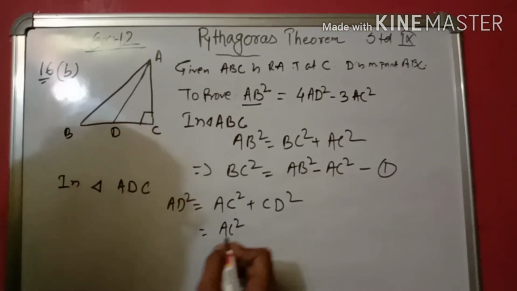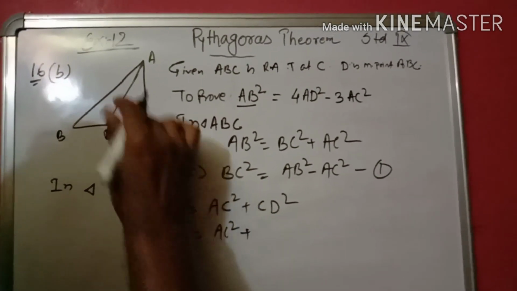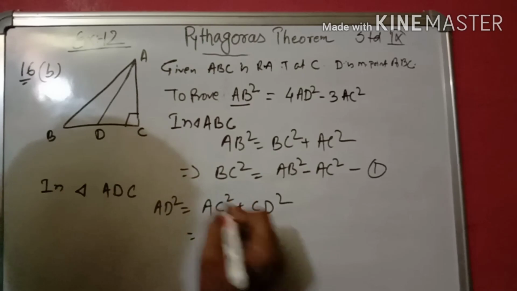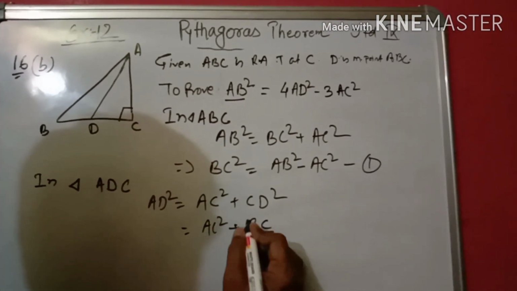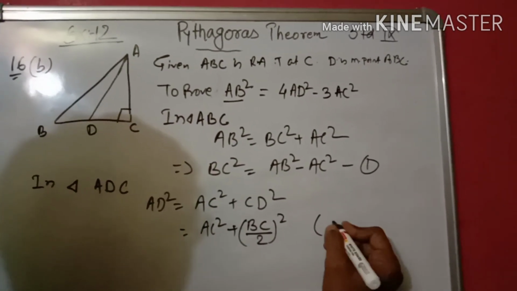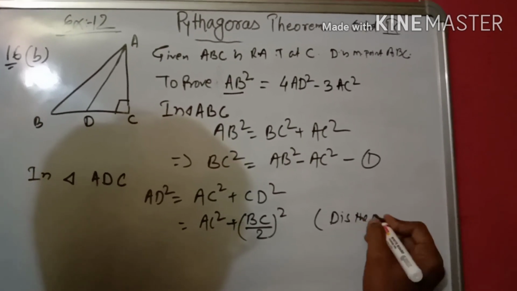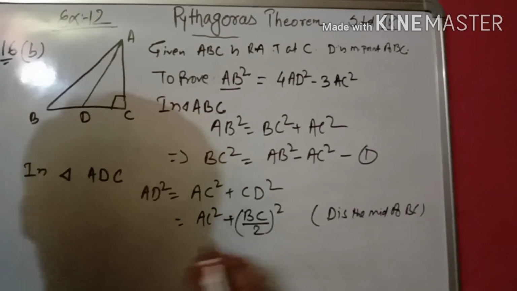So therefore I can write AC square plus, since D is the midpoint, BC by 2 whole square, because D is the midpoint of BC.